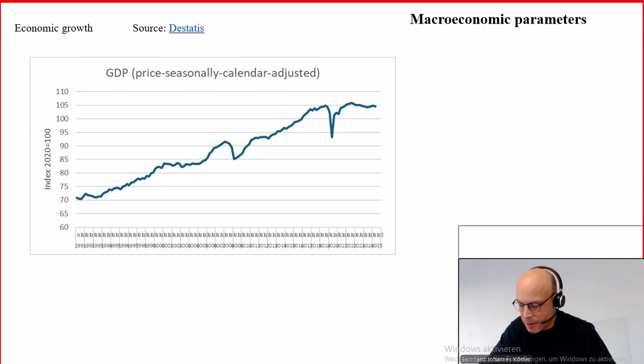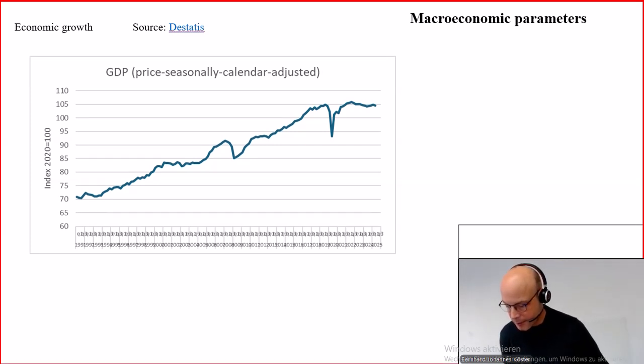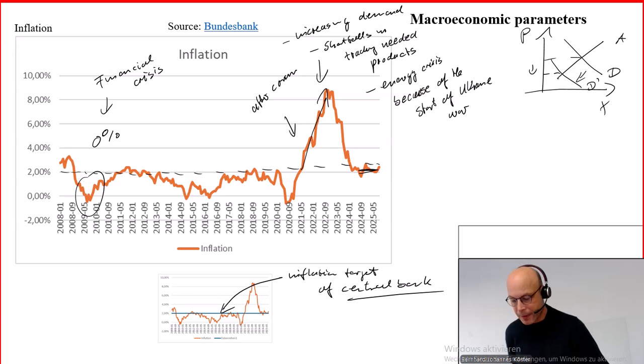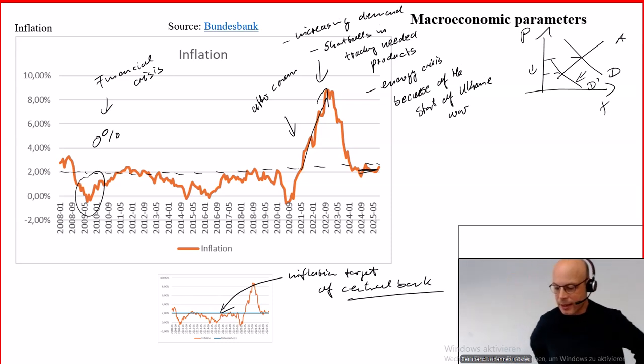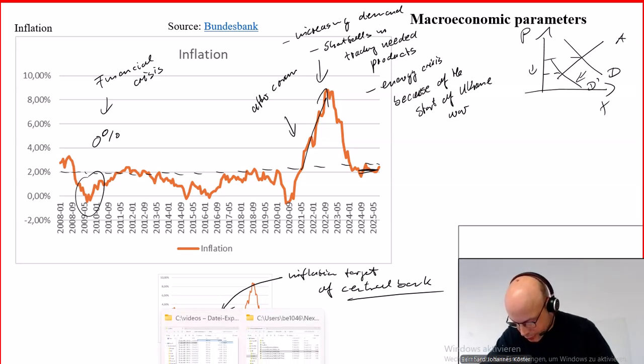We talked a lot about economic growth and how to get the average growth numbers, having different frequencies, quarterly or yearly, and what is meant by price, seasonally and calendar adjusted. And the next one was that we had a look at the inflation numbers for Germany.